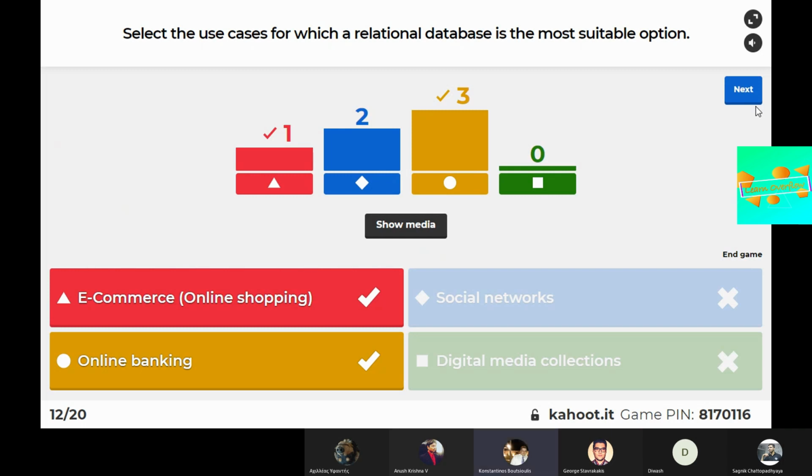I lost it. We need more time. Yeah, Constantino, can you say that again? I can understand. I wanted to press the first and the third, but I didn't press submit.